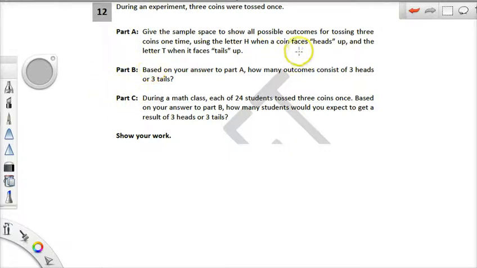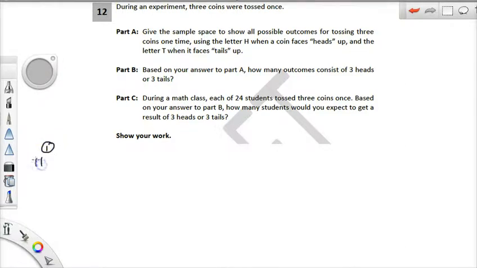So let's just figure out the outcomes here. We have 3 coins, and each coin could be heads or tails. Maybe I'll just draw the coins like this.